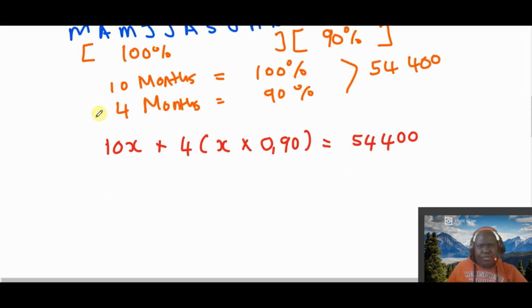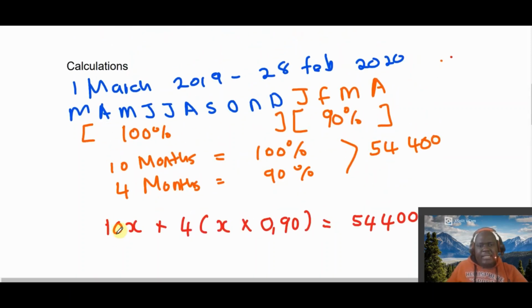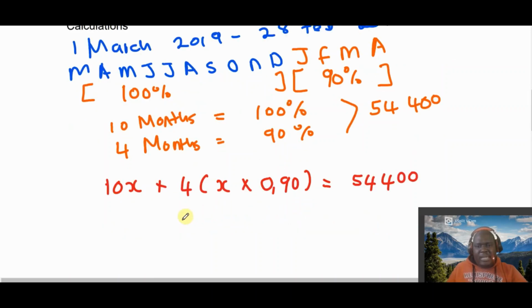So for these 10 months, rent was paid at 100%, which is why we have 10x here, representing the months where rent was paid at 100%. And this 4 here represents the months in which rent was paid at 90%.